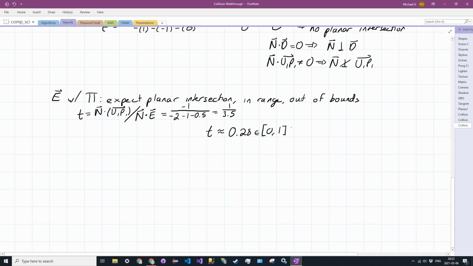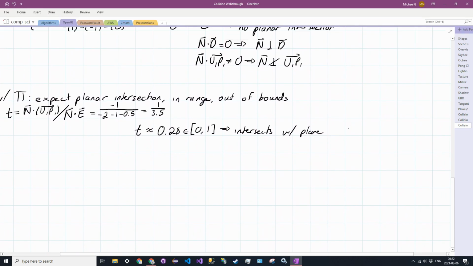So therefore, it intersects with the plane between u1 and u3. Well, how did I know that?